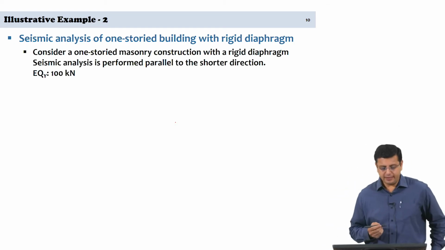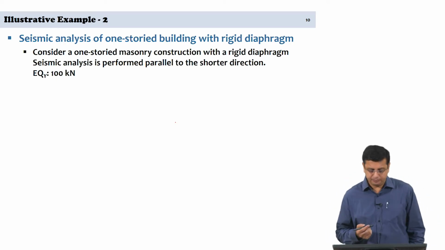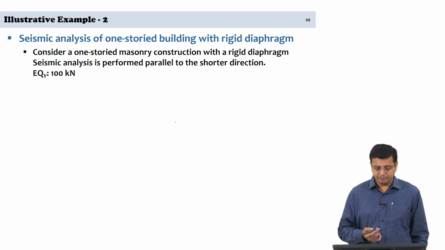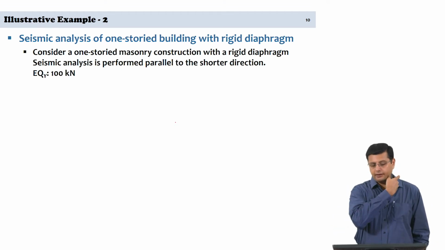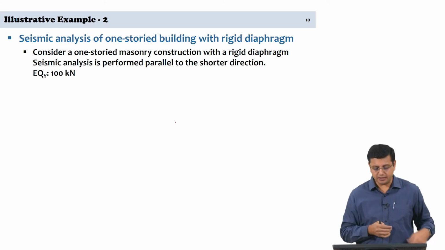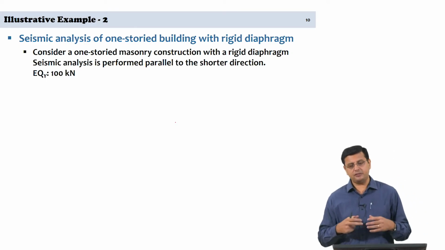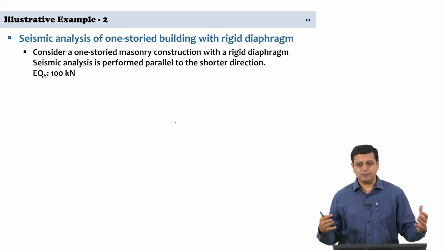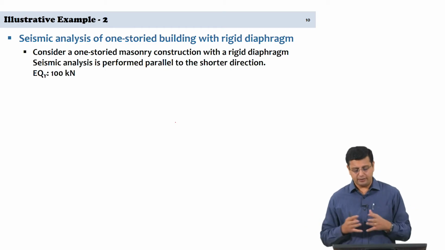Okay, so what are we looking at here? We are considering a one storied masonry construction with a rigid diaphragm. It could be a reinforced concrete roof slab for the single storied structure, and this should perform as a rigid diaphragm as long as the aspect ratio of the plan is not greater than 3.